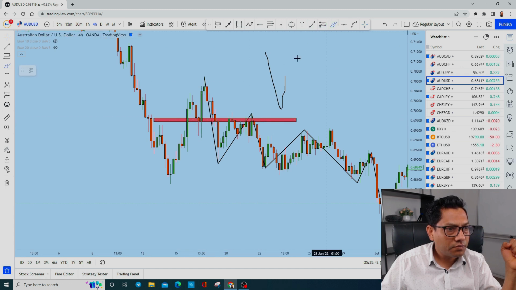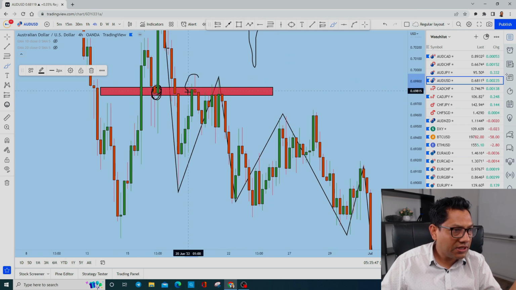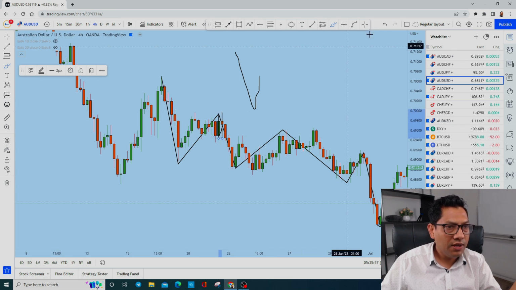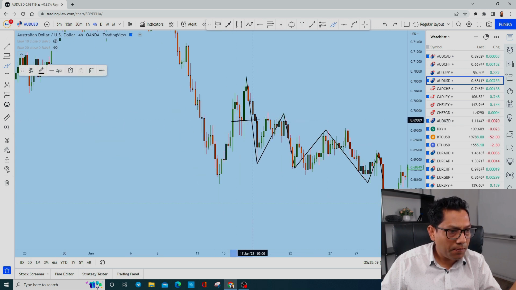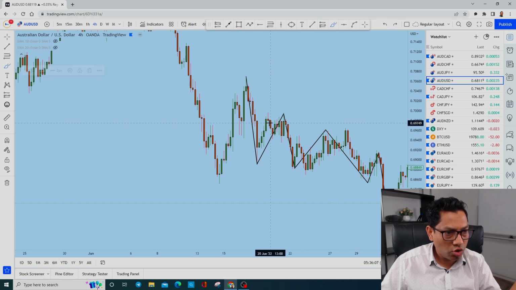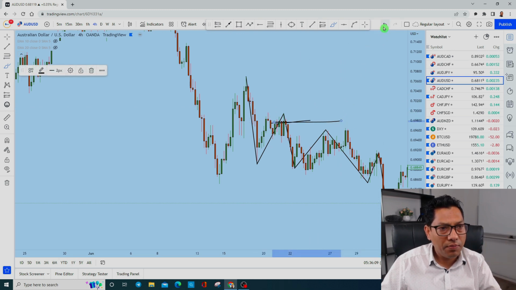The price tested this support as a resistance with this long doji or pin bar, and at the same time with this big bearish candle, the price tested this previous support as a resistance multiple times, and we have seen a rejection. This is where the selling zone is, because the previous support was tested as a resistance. Now once you saw this move, let's say you sold it, now the market will do the same thing again.